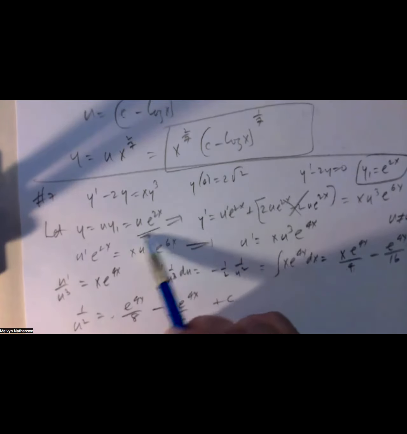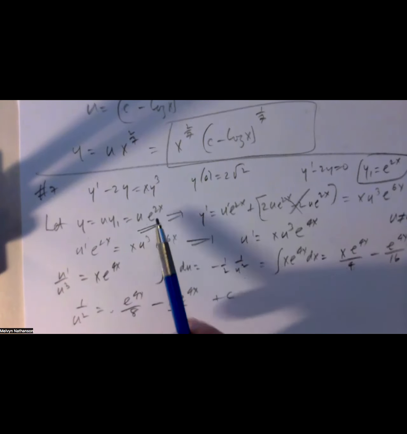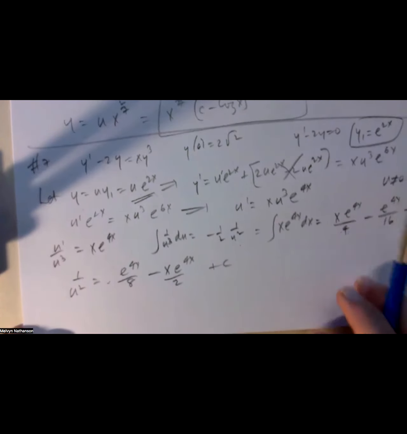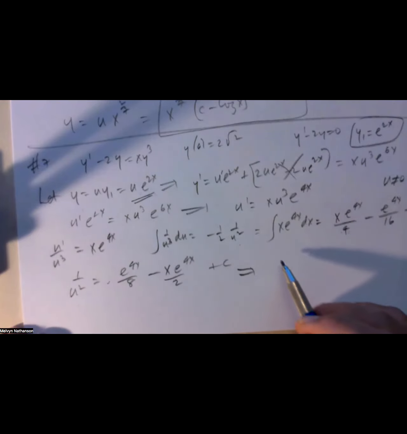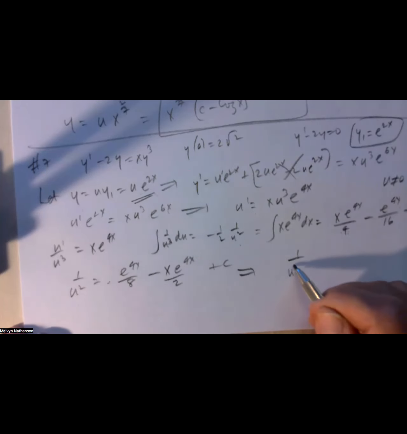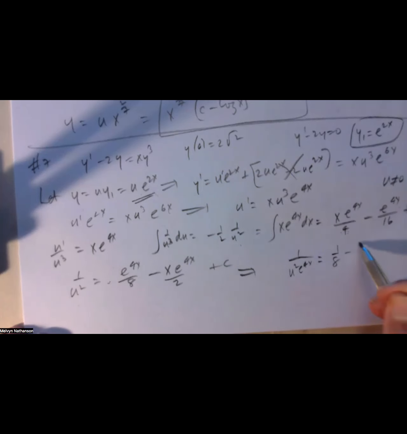And if I want to remember, y is u e to the 2x, y squared is u squared e to the 4x. So just to be a little bit quicker, if I divide by e to the 4x, I get 1 over u squared e to the 4x is equal to an eighth minus x over 2 plus c over e to the 4x.